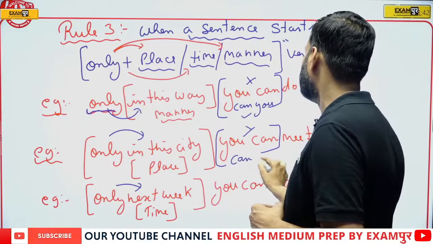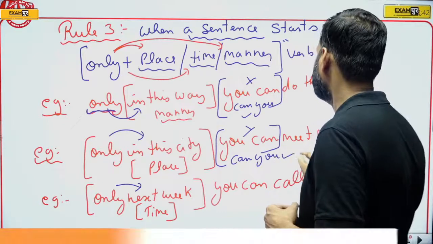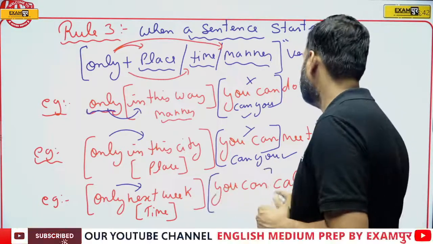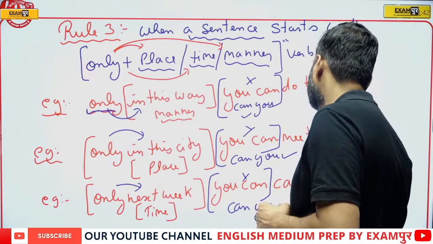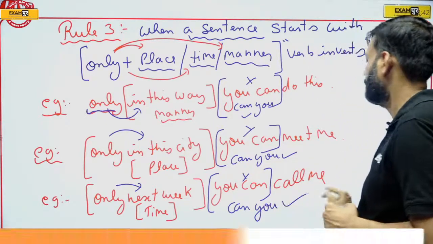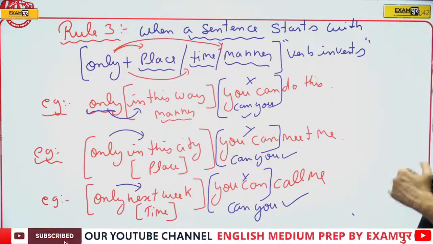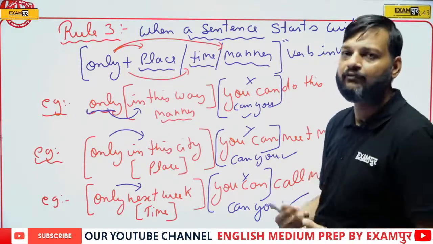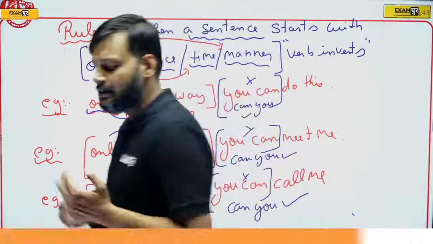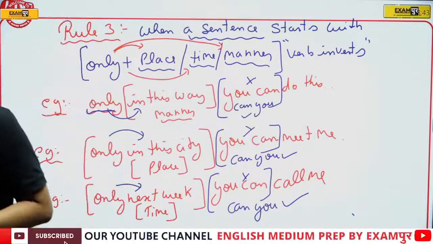In place of you can, we need can you. And here also, in place of you can, we need can you. So the third rule is when a sentence starts with only plus place, time or manner, the verb inverts. Verb inverts means the helping verb is placed before the subject.